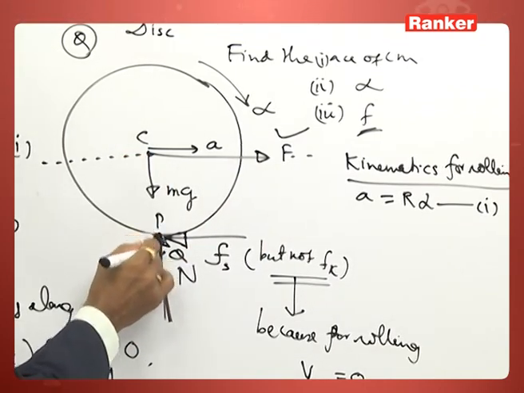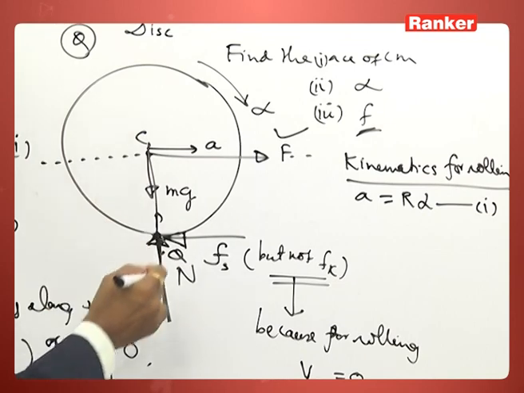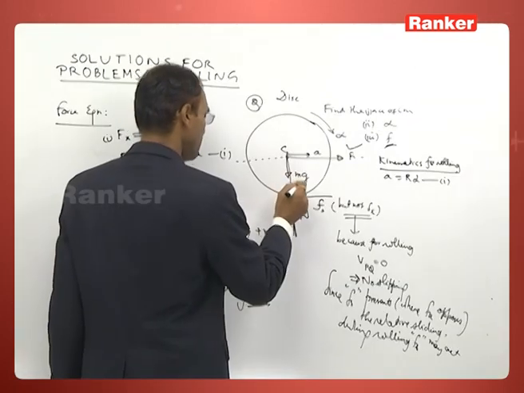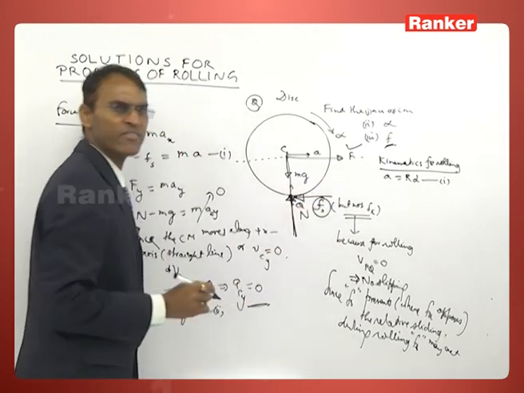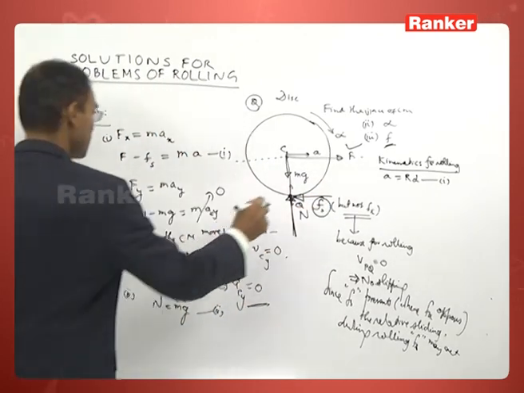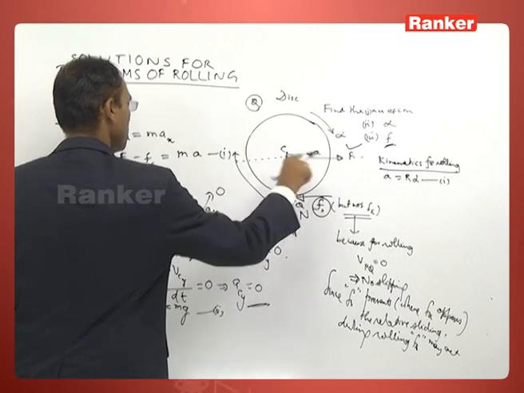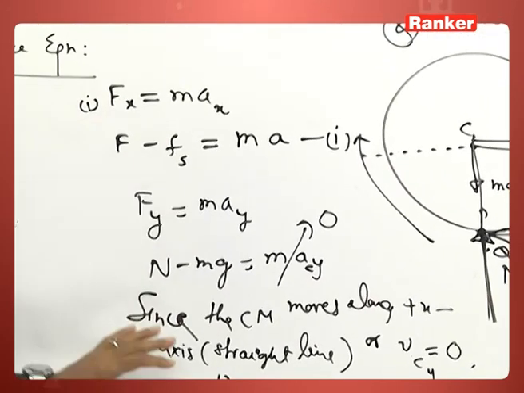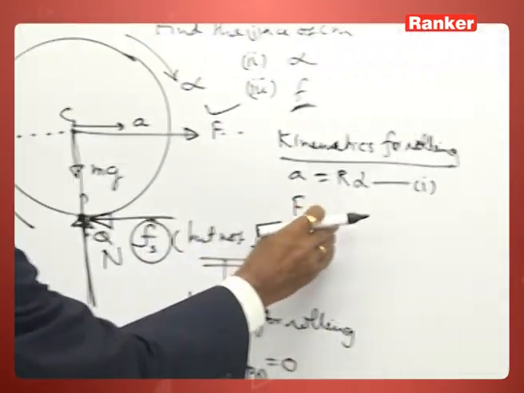This cannot produce a torque because normal reaction passes through the center of mass. Only the torque can be produced by the static friction. The static friction produces a torque in which direction? In clockwise direction.